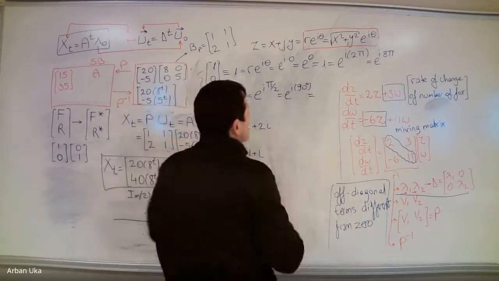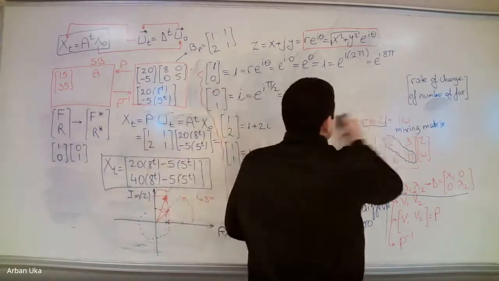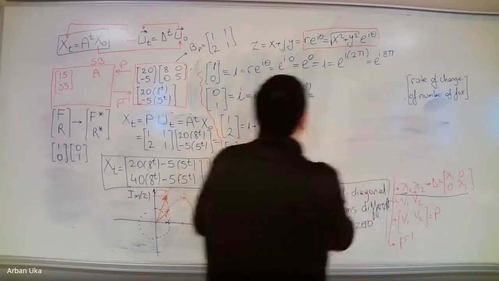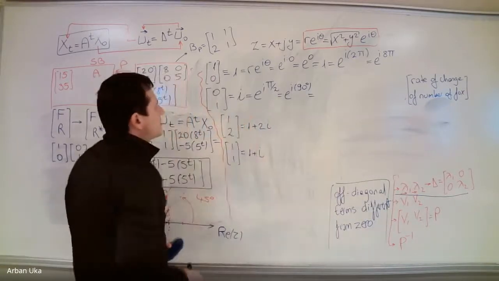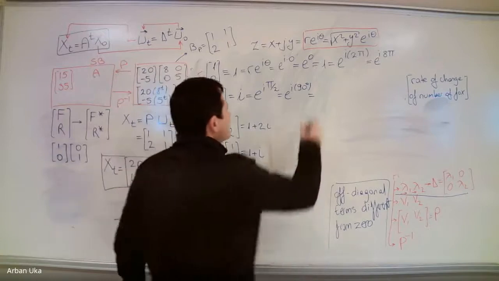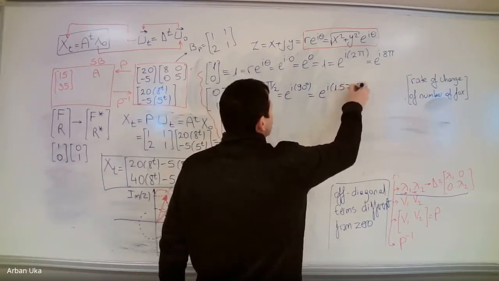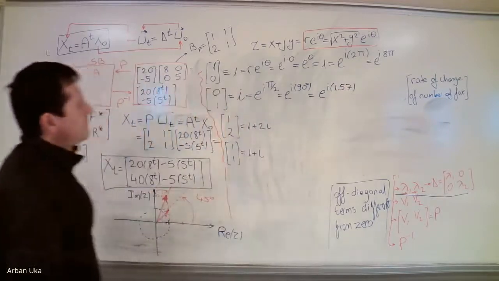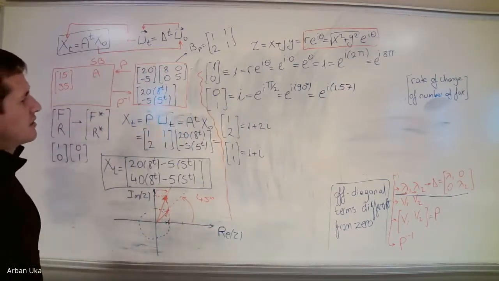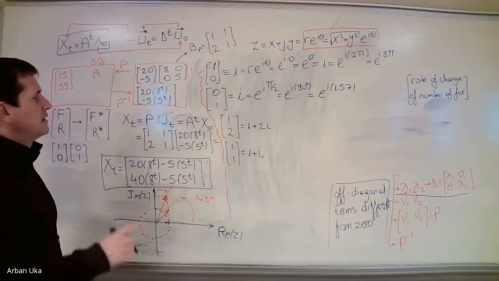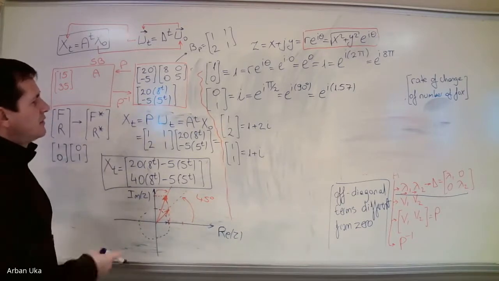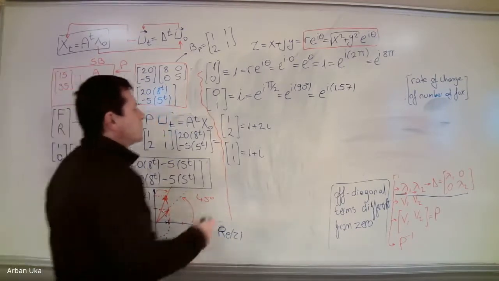Or we can write this equal to, pi over 2 is 3.14 over 2, so this is equal to e to the power i times 1.57, but this is radian. If you change the settings in your calculator between radians and degrees, these are different ways that you can write it down. That is good.